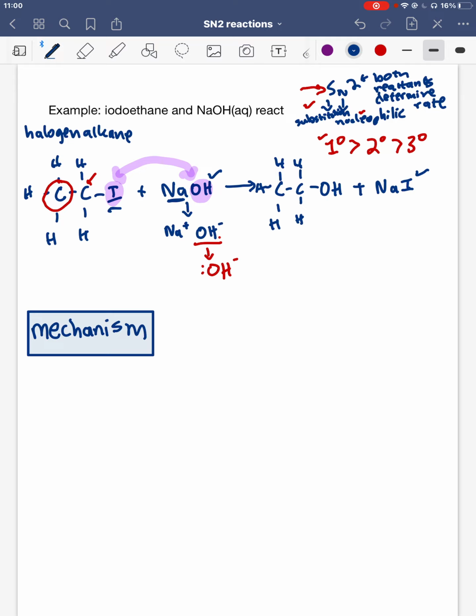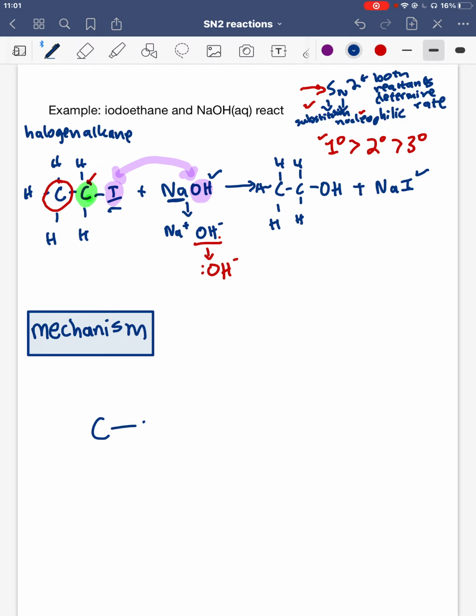We need to be really specific when we draw the mechanism with the shape that the molecule forms. So I'm going to look at this mechanism starting by focusing on this carbon here. This carbon is the important carbon because it's the carbon that's going to be attacked in the mechanism. And yes, the word is actually attacked.